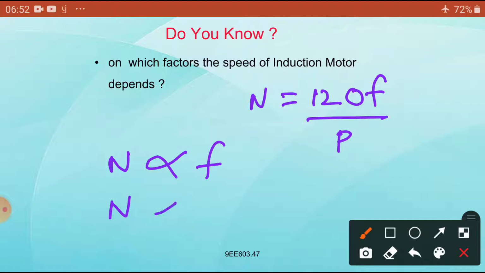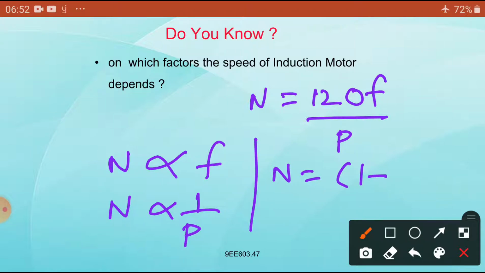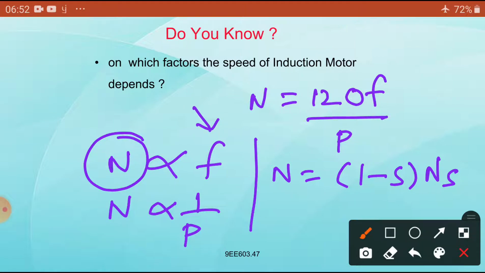N is inversely proportional to the number of poles. Not only this, N is equal to (1 minus S) times Ns, the synchronous speed. That means the speed can change with the help of the frequency, the poles, and the slip.